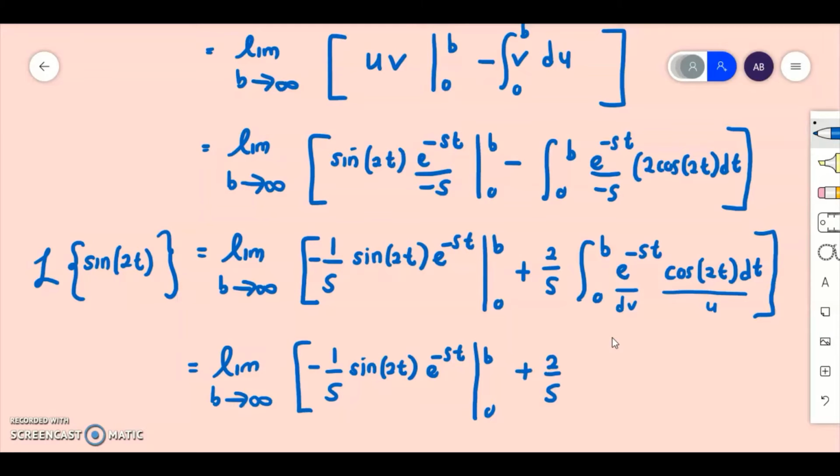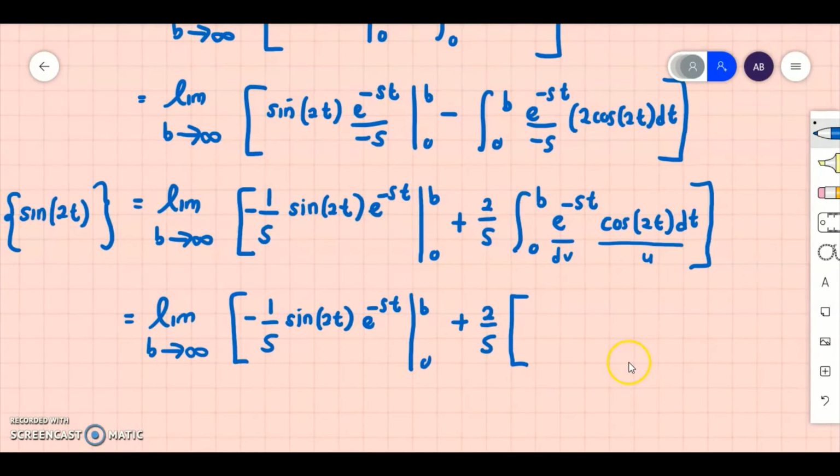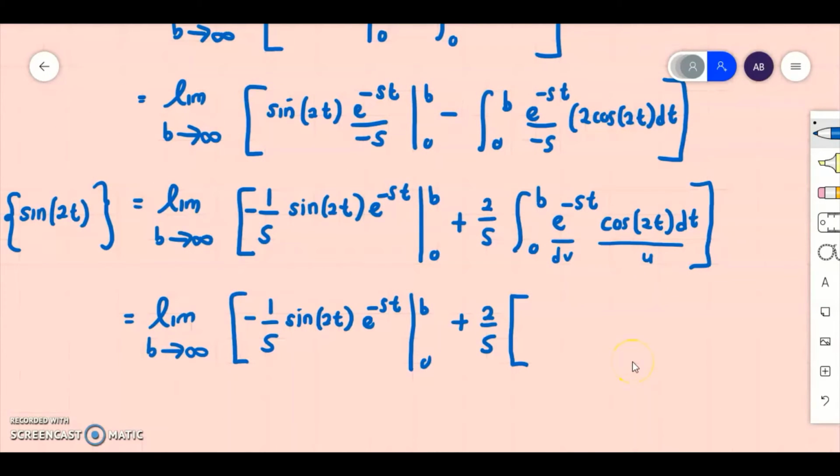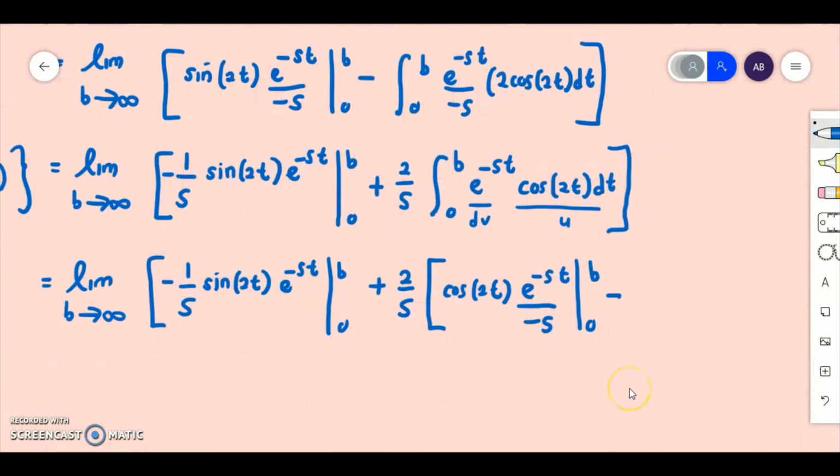Now you have to work with me as I'm doing this because it can get too long and complicated. So we have uv, u is cos 2t, and v, which is the integration of dv, where you get exponent negative st over negative s, again from 0 to b, minus v, which is exponent negative st over negative s.